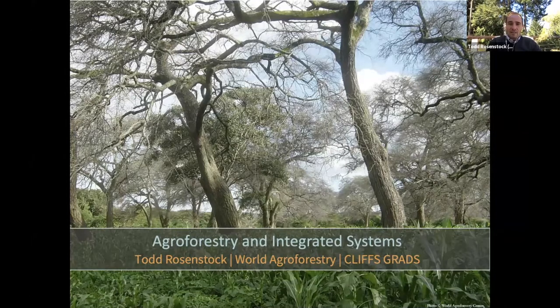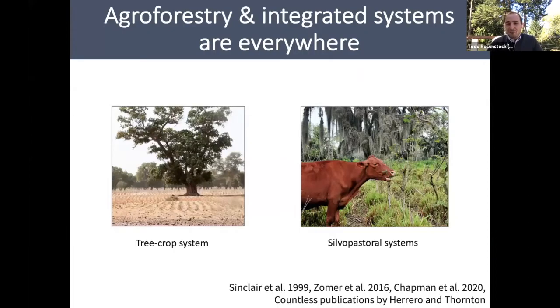But this all opens new opportunities, and those new opportunities lead you and hopefully provide you a platform for innovative science and innovative impact in this area. And so I really see this as one of the most exciting areas to do climate change mitigation work on. And so I hope this talk inspires you to start to work on these types of systems in the future. Okay, so as I said, agroforestry and integrated systems are everywhere.